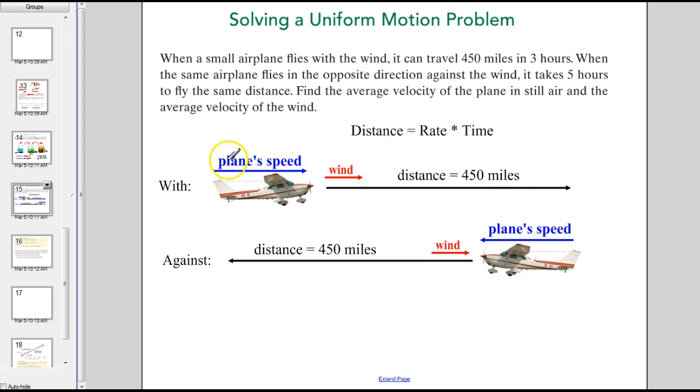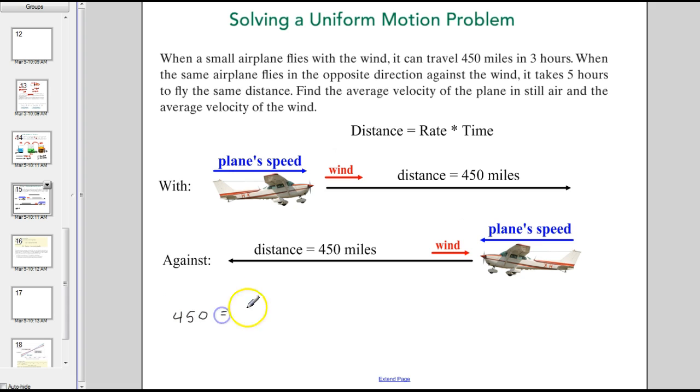We're going to make an equation for the speed of the plane with the wind and one against the wind. But in both cases, distance equals rate times time is going to be the form of both of these two equations. So let's do the top one, the with the wind. We've got distance equals rate times time. We know the distance in both cases is 450 miles.